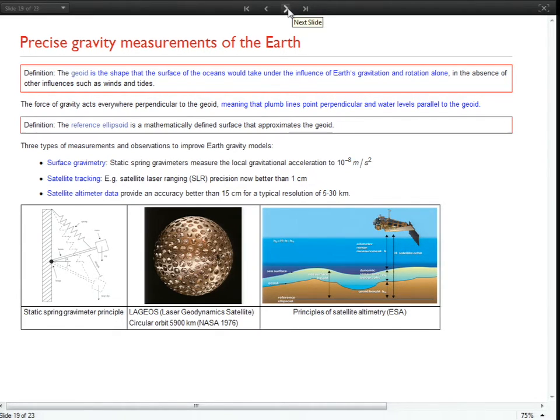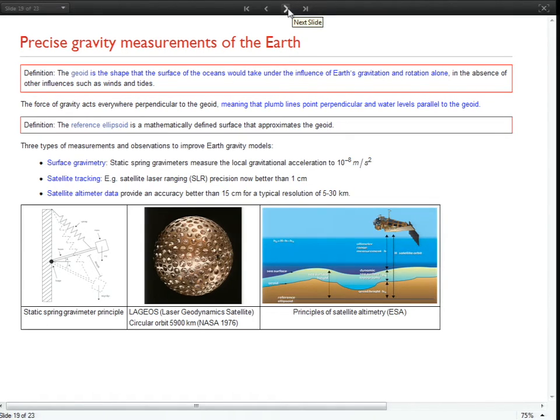The most prominent example is the Laser Geodynamics Satellite launched in 1976, which is still in orbit. It's a metal ball of 400 kilos with laser reflectors. And you can use satellite altimetry, and the last picture shows the principles of satellite altimetry.